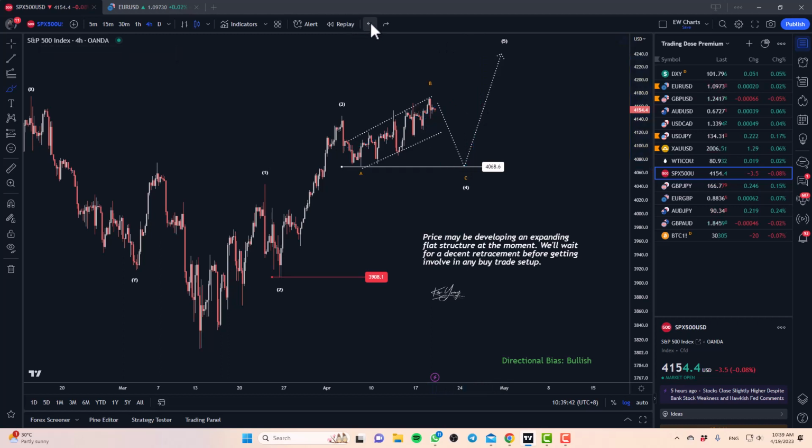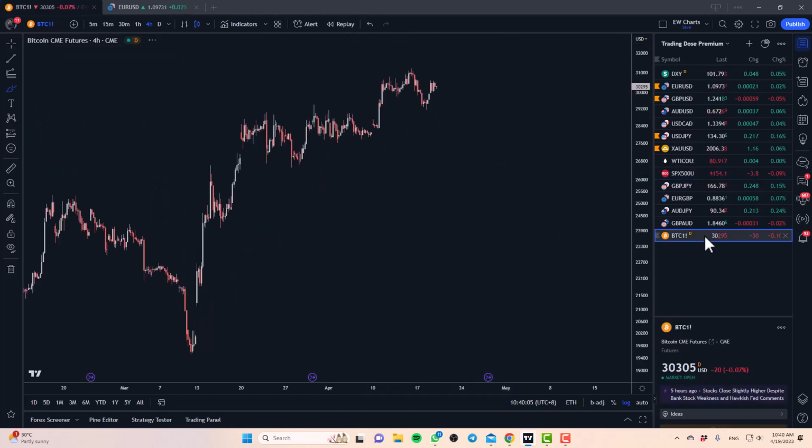So I'm waiting for that, and if it comes down here, this would potentially turn into an expanding flat as wave 4, and then we'll look for one more push back up. So here we are quite clear in the direction we want to focus on, but in terms of setup, we'll just be patient and wait for the pullback towards maybe the 4068, 4070 area. So this one we just wait off a little bit.